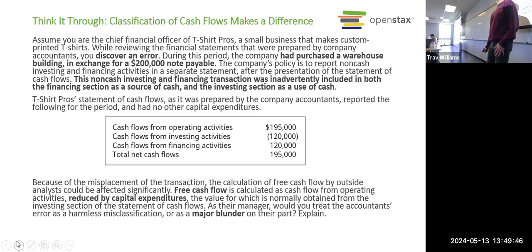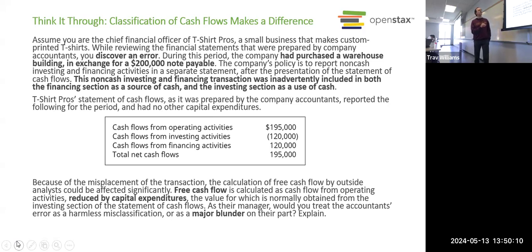So in our role, we find that there's a mistake that's been made. It says that we purchased a warehouse building in exchange for a $200,000 note payable. Okay, that's one of those cases where there's no cash in that transaction, right? We got a building, we took out a loan, no cash involved.